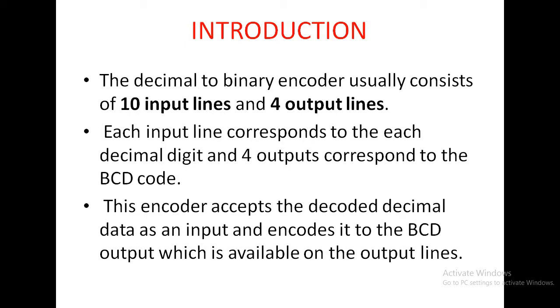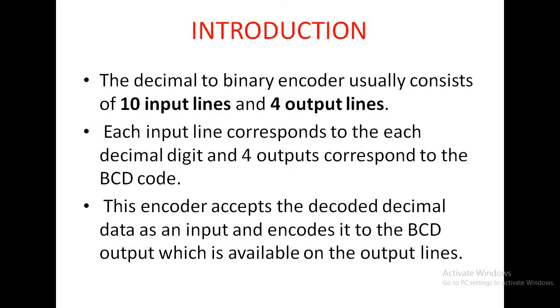These 10 input lines can be encoded to form the 4 BCD output lines. And we already know that in an encoder, at a time only one input is active, only one input is high.